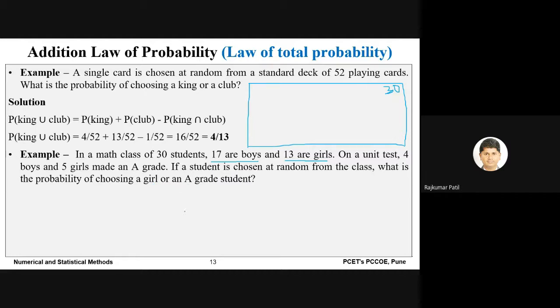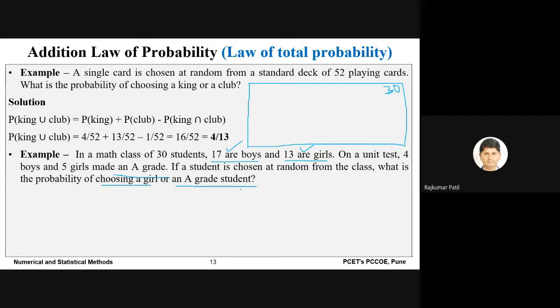See, this is a very tricky question. There are 17 boys as well as 13 girls, and for a given unit test, 4 boys and 5 girls made A grade. So boys also made A grade, girls also made A grade. You need to select a student at random from that class, and you have to find the probability of choosing a girl or A grade student.